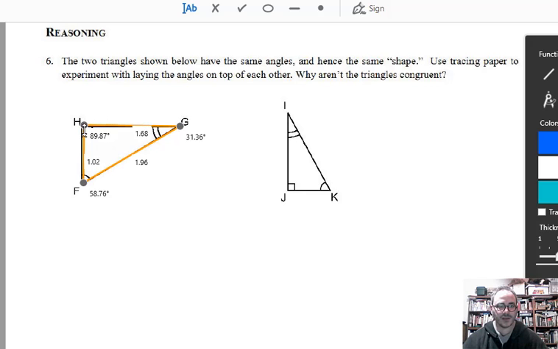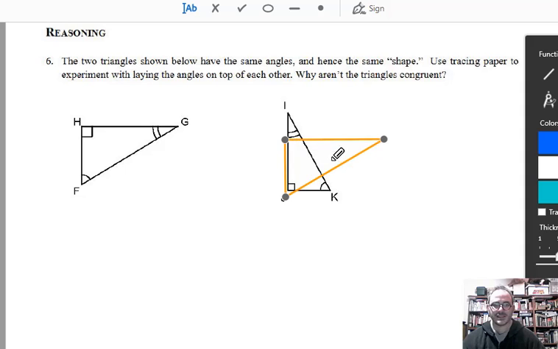So I'm pretty darn close to having all the angles correct here. But the downside of this tracing tool is I don't have a nice way to rotate it. I wish I had a way to rotate it. That's not going to be ideal for what I want to show on the tracing paper.